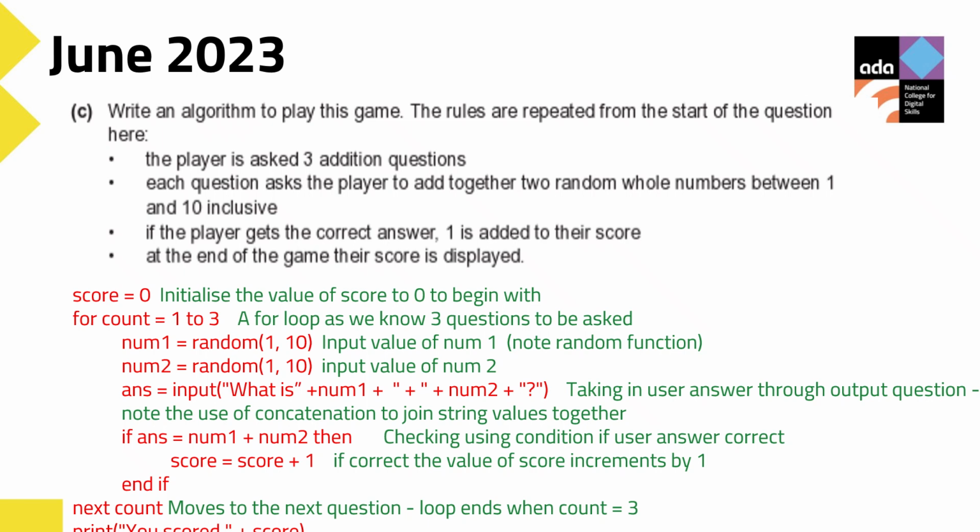Note that we have put a for loop here. The loop ends when the count equals to 3. Having now addressed all the bullet points, we finally end the solution with an output, and at the end of the game the score is then displayed. This is populated by the score variable.